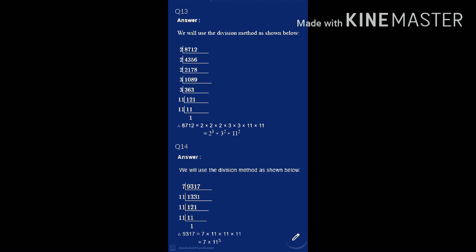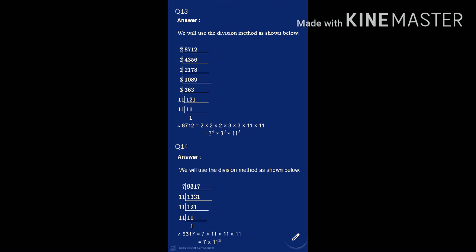It is an odd number and it is divisible by 3. Again we are getting 363, which is again divisible by 3 and we are getting 121. And we know that 11 into 11 is 121. So 8712 can be written as 2 to the power 3 into 3 to the power 2 into 11 to the power 2. Is it clear to you?